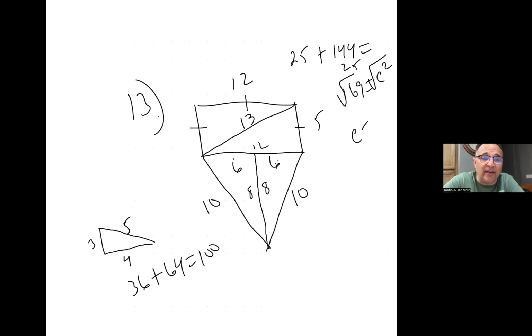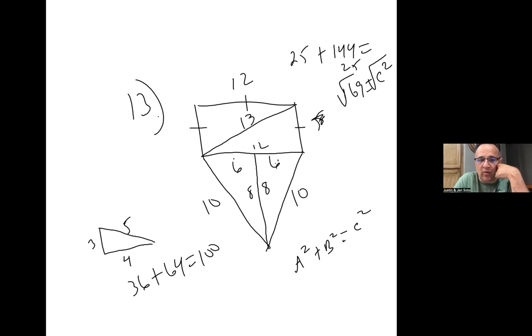So because of that, they didn't give you this. You could have solved for it if you wanted to. I'll show you how you do that. It's a squared plus b squared equals c squared.